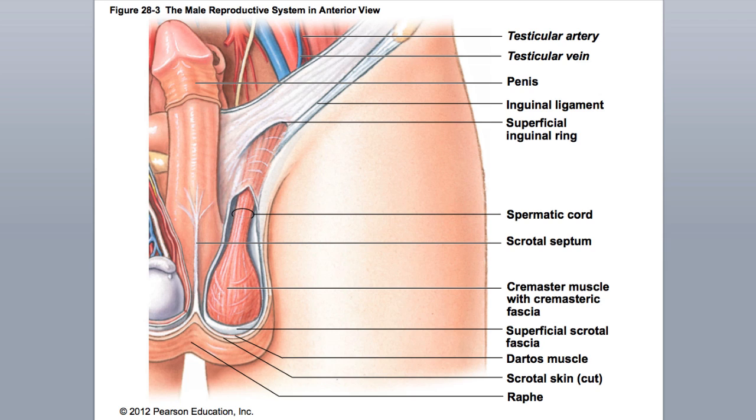So let me read you this from the book, page 1035. Sudden cooling of the scrotum as occurs during entry into a cold swimming pool results in contractions that pull the testes closer to the body and keep the testicular temperature from falling. Okay. So if you remember that show, you might remember that. Okay, next slide.